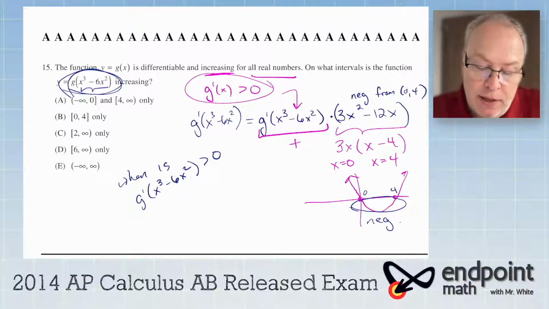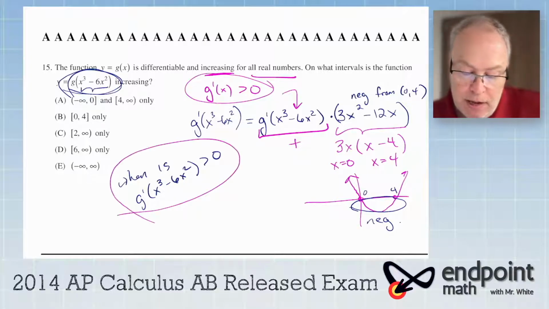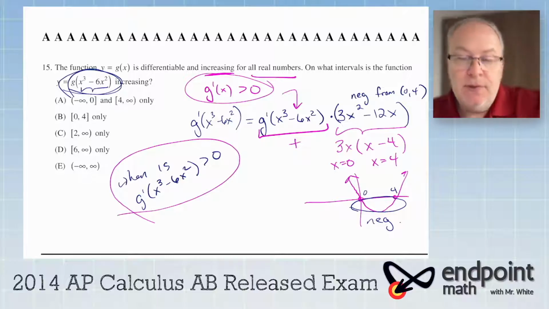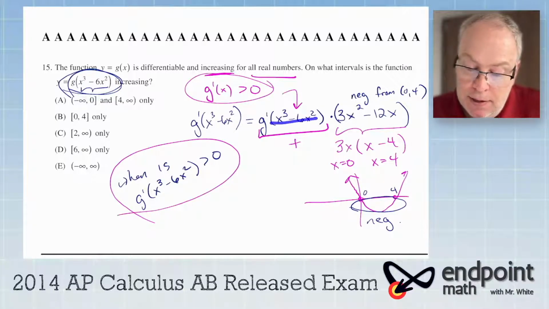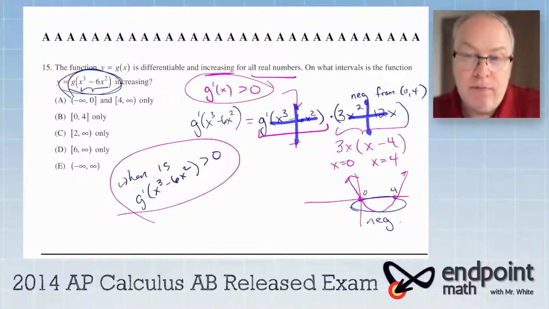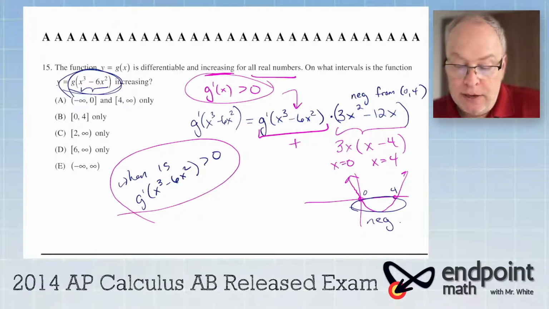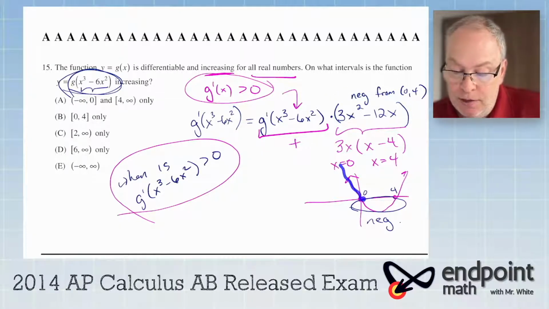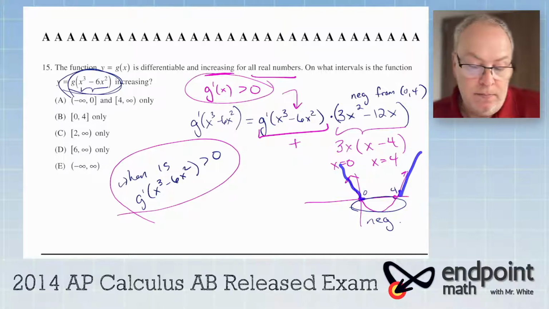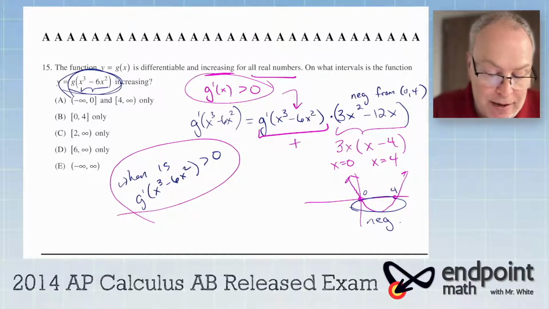So the question that it was asking is, when is the g prime of that mess, when is it positive? Well, that would be only when we have a positive times a positive. A moment ago I said this first thing is always positive, so we're good there. So when is this parabola positive? On this interval and this interval. That's why the answer is A.